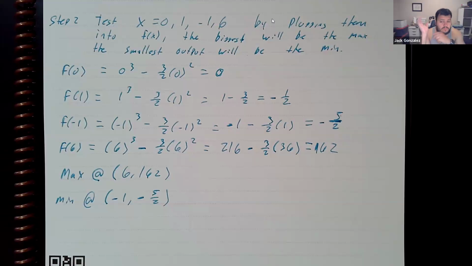That's the other spot it could occur. But mainly you look at the values that make the derivative 0. Any questions on number 9 here?